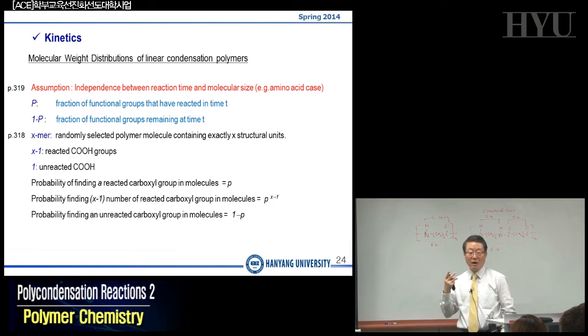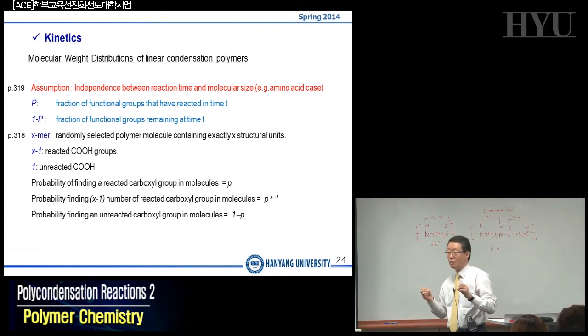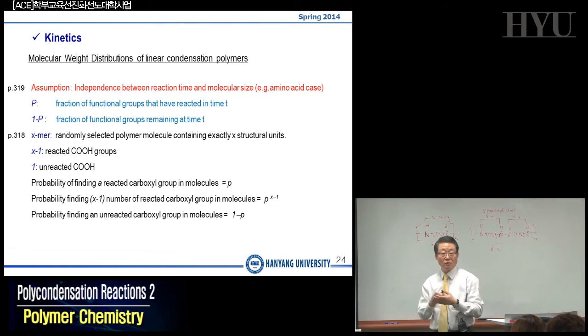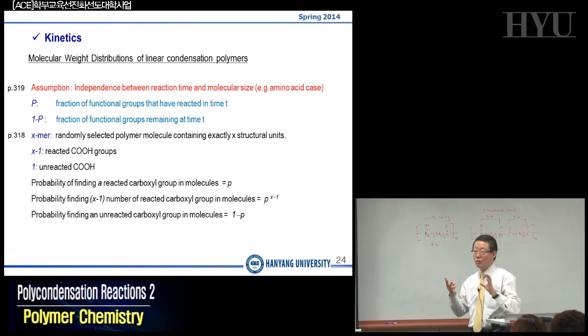the probability of finding the 2 carboxylic acid groups in your polymeric system is P times P. If you have 3 carboxylic acid groups, finding the 3 reacted carboxylic acid groups in your polymeric system, you have to multiply this by P again: P times P times P. Okay?